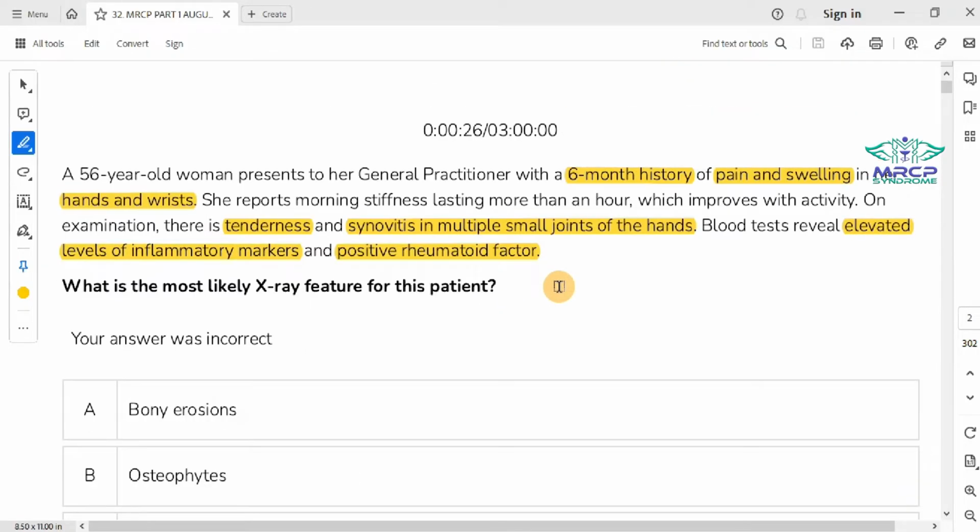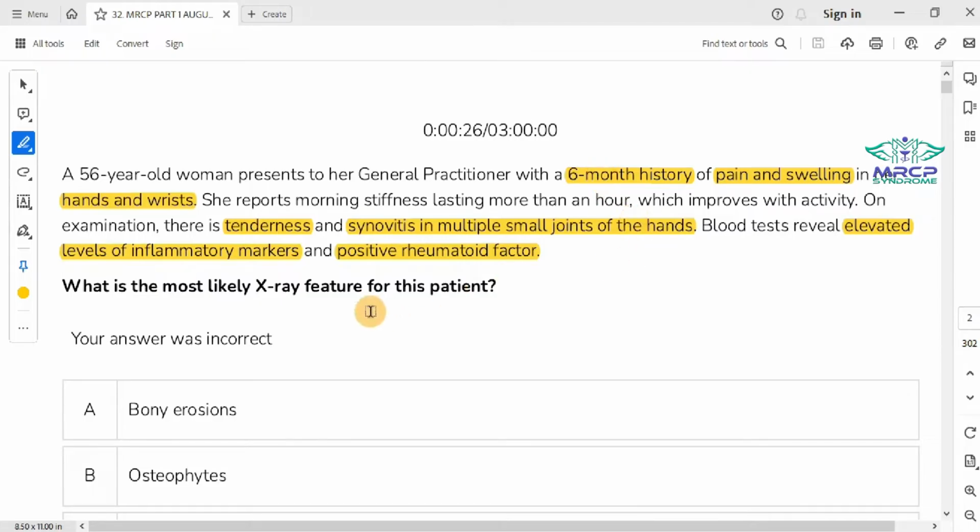So, what is the most likely diagnosis? Rheumatoid arthritis. So, this is a case of rheumatoid arthritis, and the duration is 6 months, pointing towards early rheumatoid arthritis. Within 2 years, the rheumatoid arthritis is considered as an early rheumatoid arthritis.